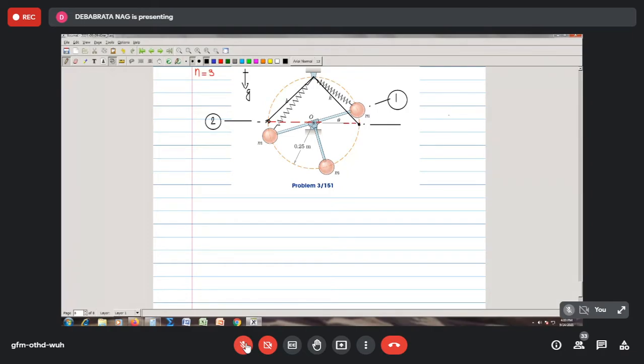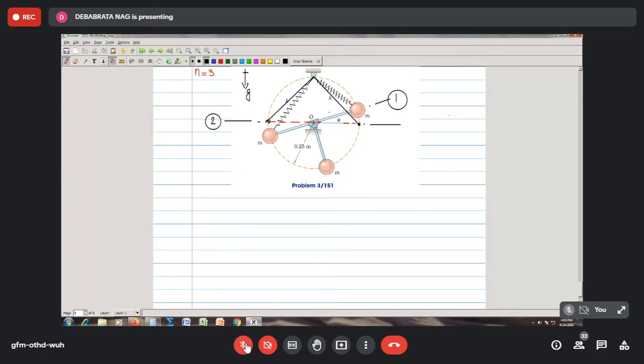So here there will be bearing reactions, both in the horizontal and vertical directions. I can resolve them and show them. But since they are attached to the point O and the point O is not showing any displacement, right? Because it is not having any moment.